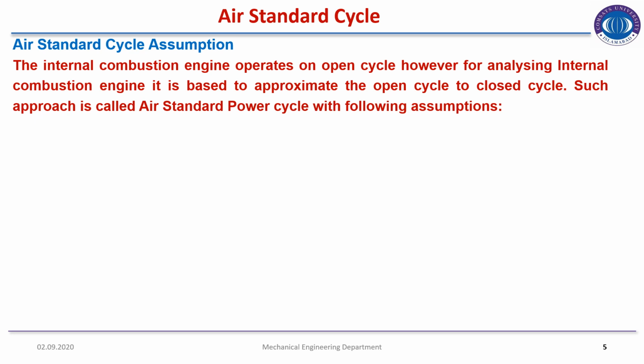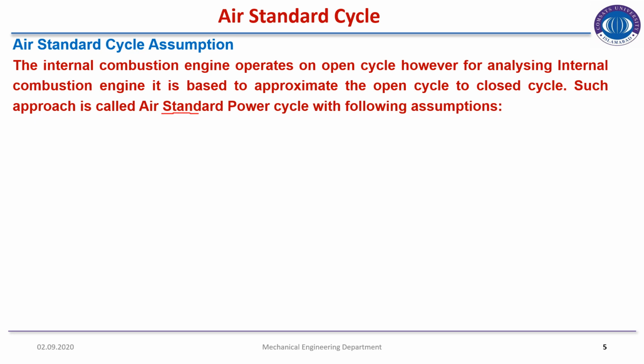But to simplify, we will assume the internal combustion engine operates on a closed cycle. To approximate an open cycle to a closed cycle, there are some assumptions that we will have to follow.